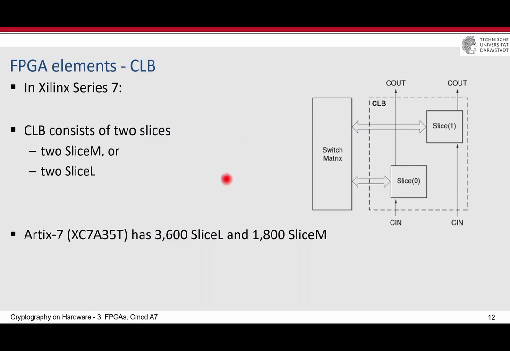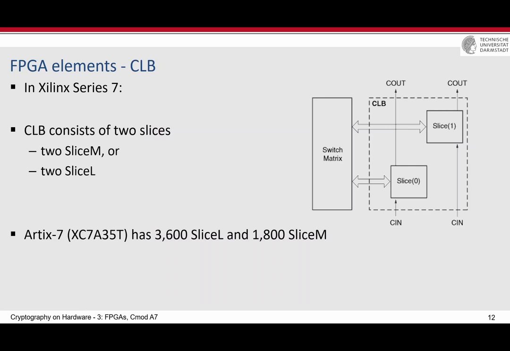Xilinx 7 series has one family called Artix 7, and the XC7A35T, or 35T, is exactly what is available on the Cmod board that you will get. It is the super small chip here with the sticker. It is written 35T.